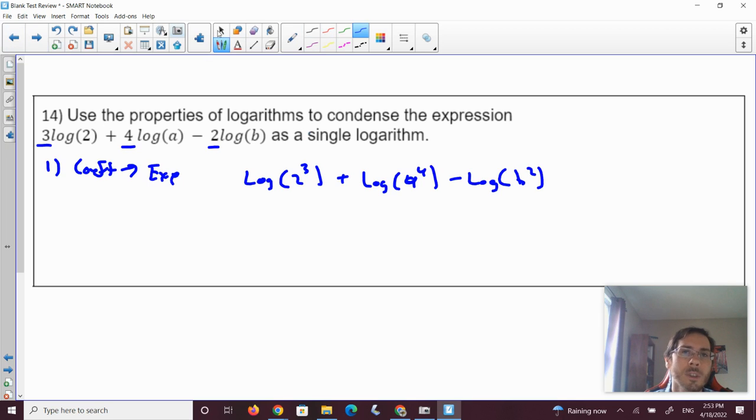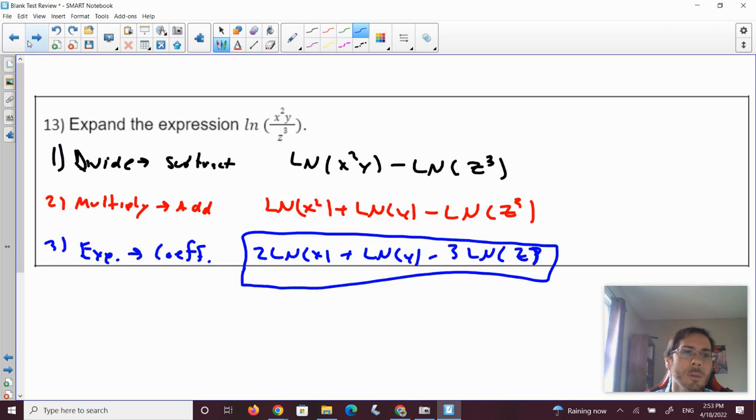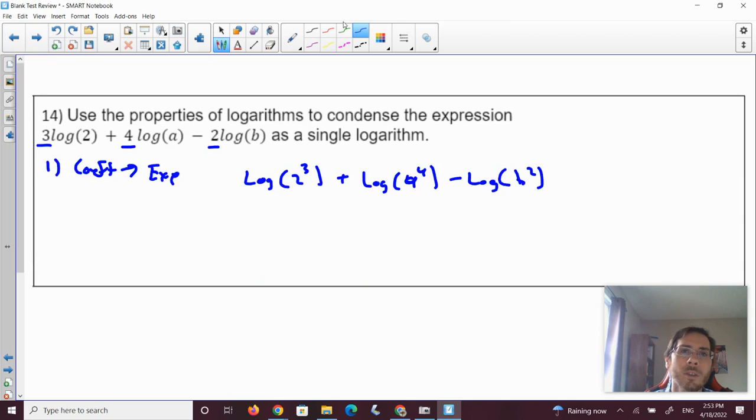All right. Well, now we're going to change adding to multiplying. So that's going to be in red. So add. So here I can see I'm adding. So we're going to turn this into log 2 to the third power, a to the fourth power, minus log b to the second power.